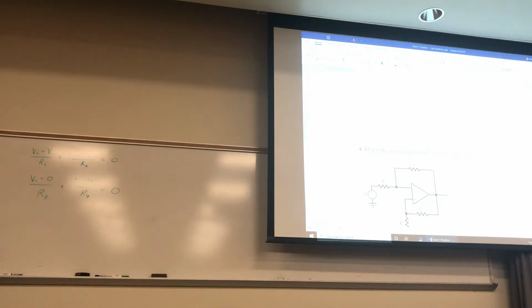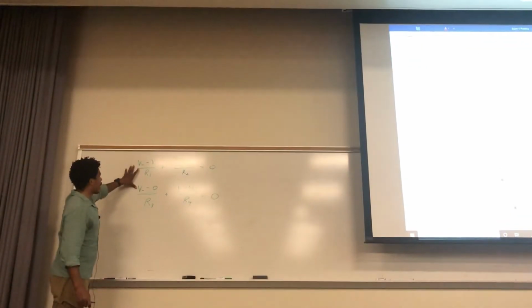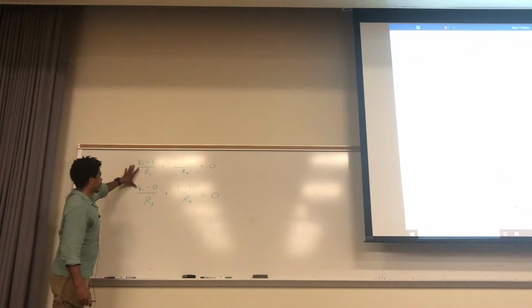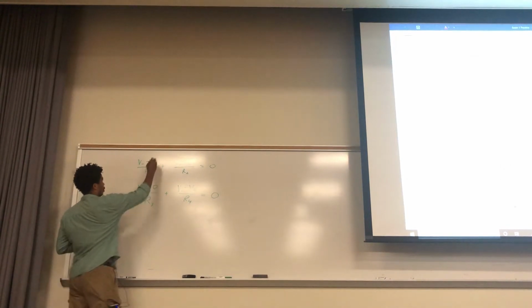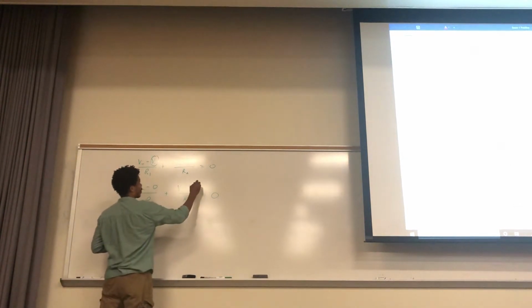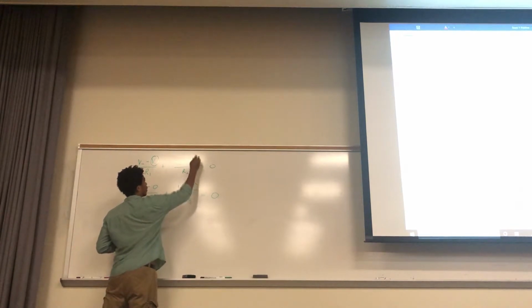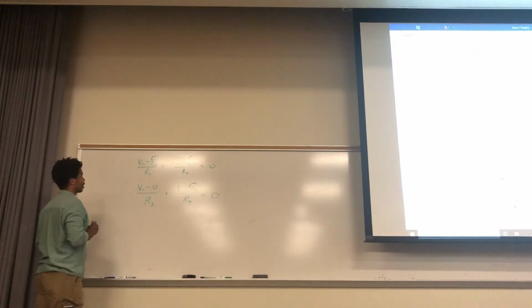Okay? So what we can do is solve both of these for V minus and then find the ratio. The ratio we're looking for are these two guys right here. Those are the ones we're interested in.